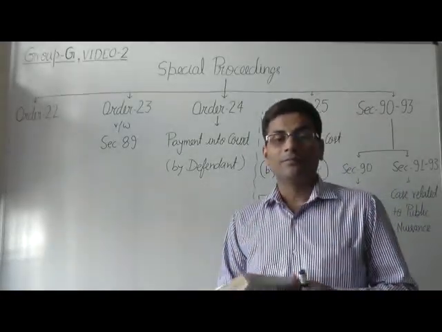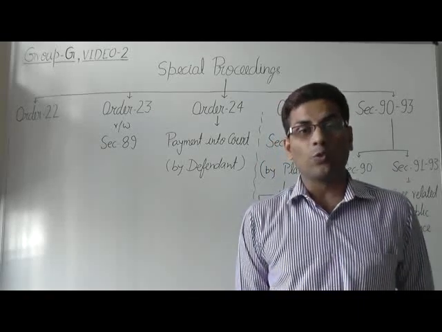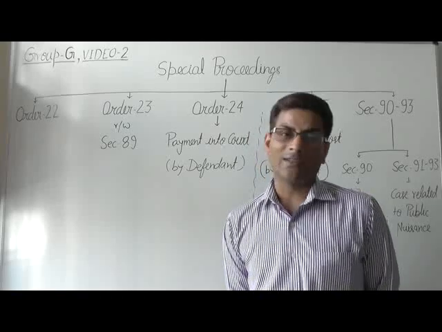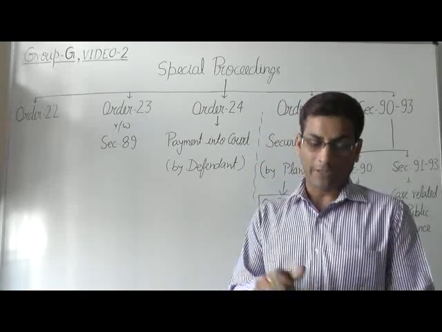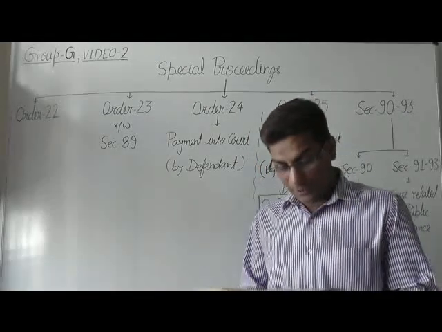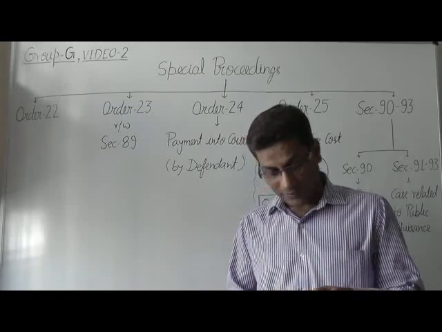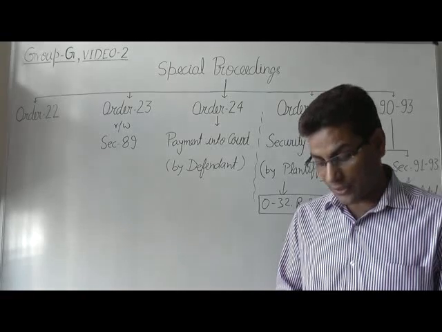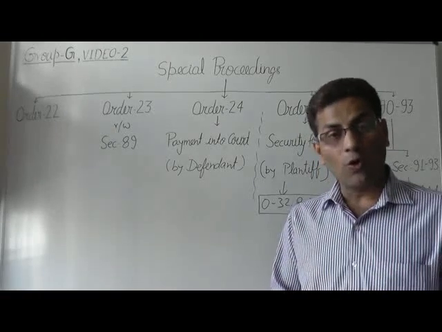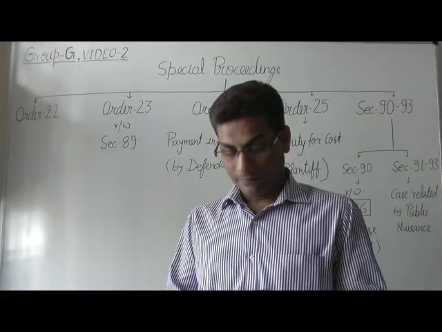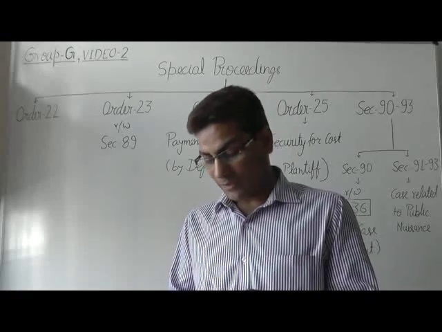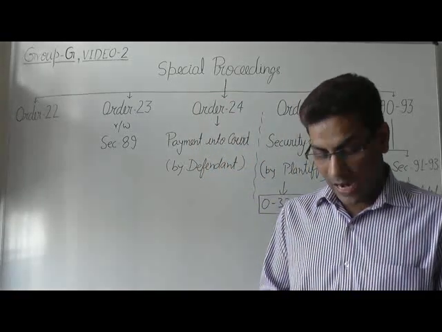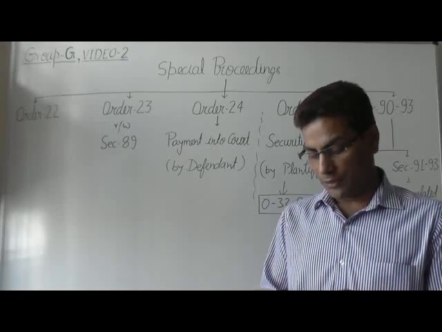If it is proved to the satisfaction of the court that he was prevented by sufficient cause from furnishing the security within the time allowed, the court shall set aside the dismissal upon such terms as to security, cost or otherwise as it thinks fit, and shall appoint a date for proceeding with the suit.